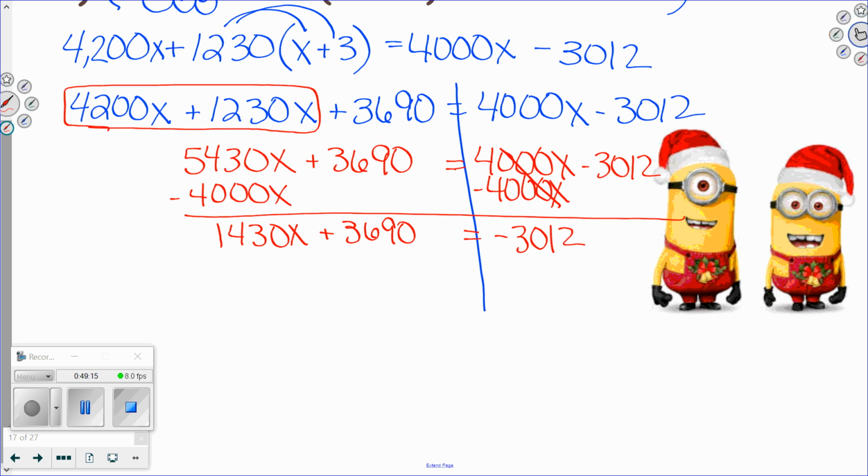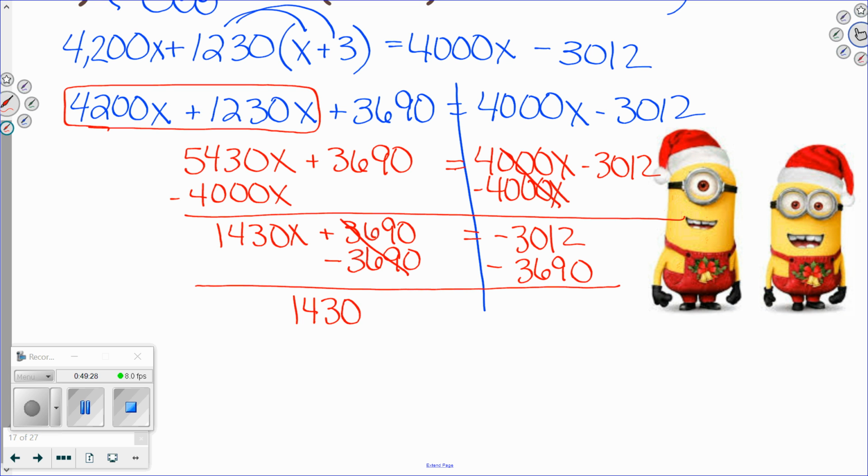The minions look happy. They like them. Subtract the 3,690. So negative 6,702. Isn't this pretty?